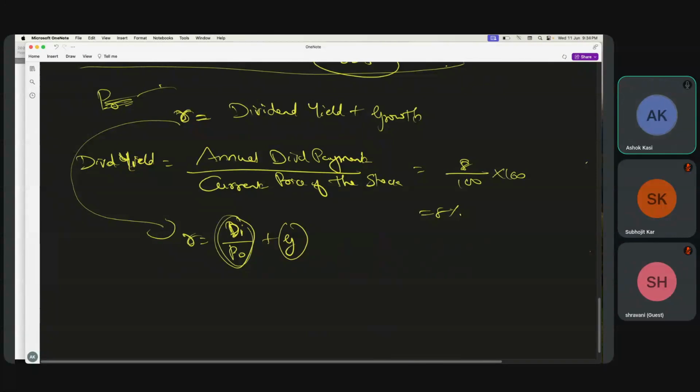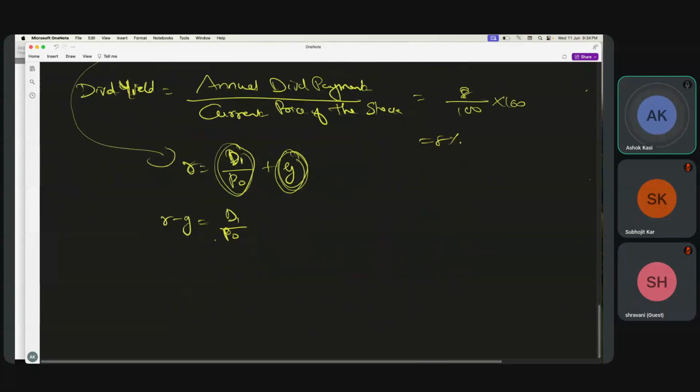Now modify this: R minus G is equal to D1 by P0. So P0 is equal to D1 by R minus G. This is called the Gordon growth model.